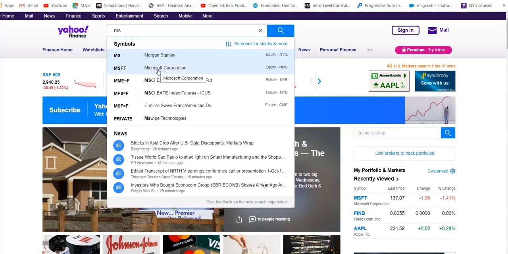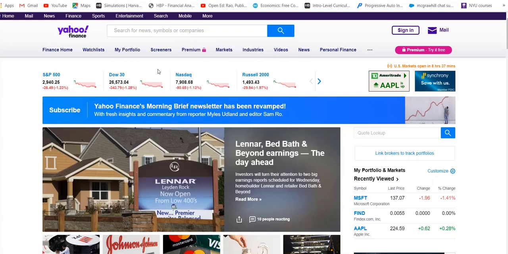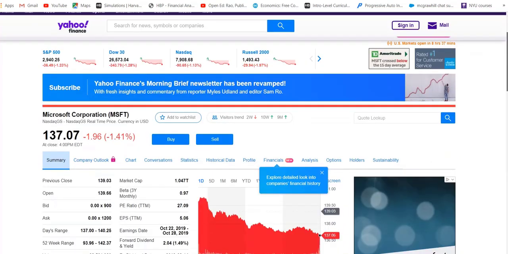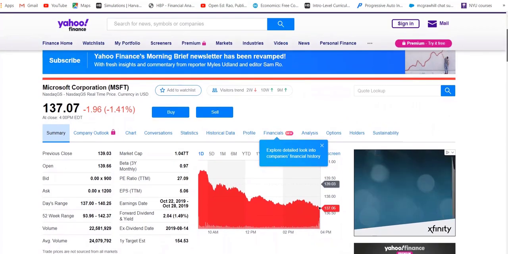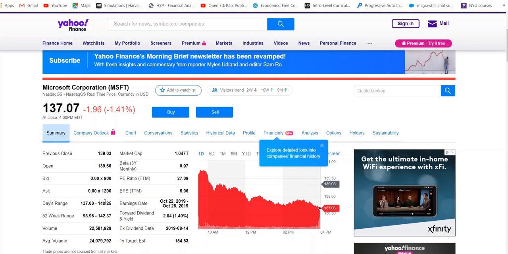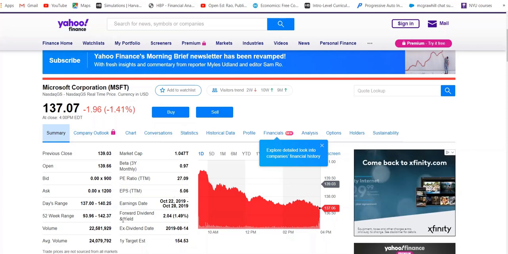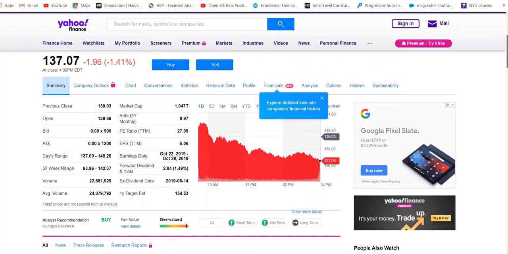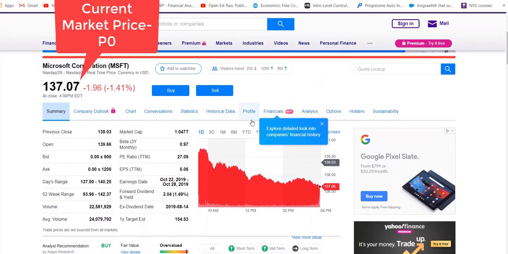Yahoo will then display the first page as the summary of the company's record, and you have the forward dividend yield, which is an important piece of information for us.